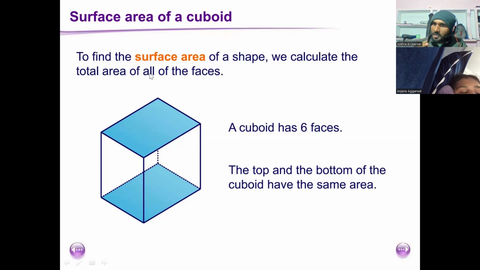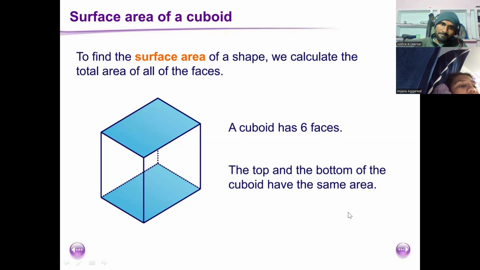This is the image of a cuboid. A cuboid has six faces. The top and bottom of the cuboid have the same area, because both of them are equal, right? Okay, so that's what we have understood so far.